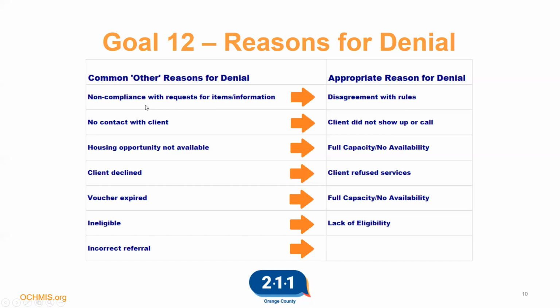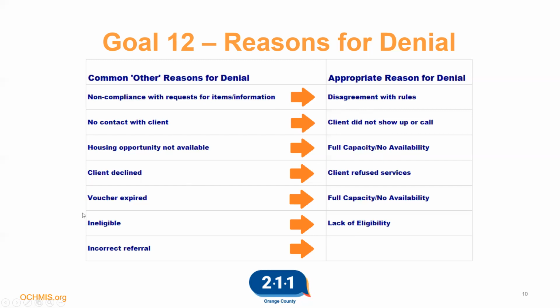A lot of users said non-compliance with requests for items or information. That should be disagreement with rules, since those are rules for the program that they don't want to provide that information. No contact with the client should be the client didn't show up or call. The housing opportunity was not available should be full capacity or no availability. The client denied should be client refused services.